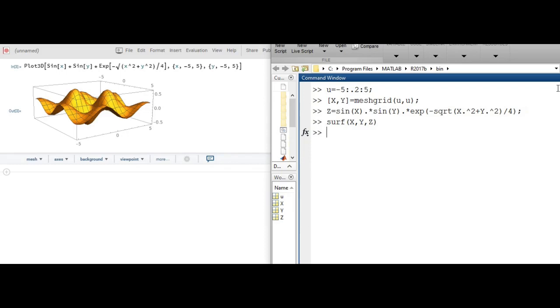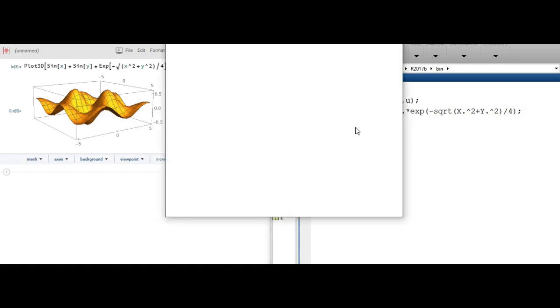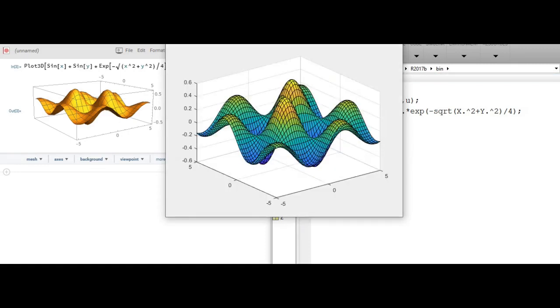Okay, so this is the graph we are getting here.